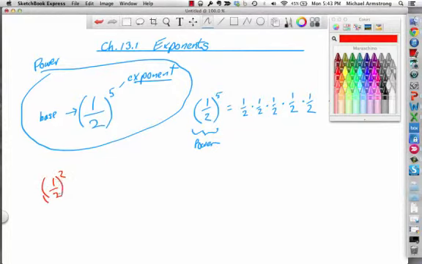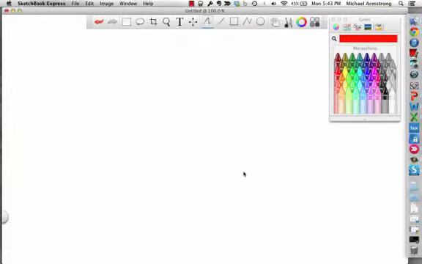When I apply the parenthesis, it's like saying 1 to the second over 2 to the second. 1 to the second power is just 1, and 2 to the second power is 4. So it's that 1/2 times 1/2. It's all 2 times. We get 1/4. If we don't have this parenthesis, it doesn't work as well. So that's one of the things we definitely have to make sure we look at from time to time, because that parenthesis makes a big difference about what we get.